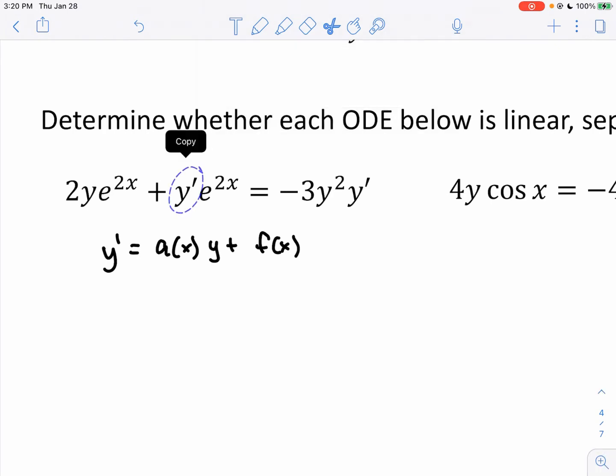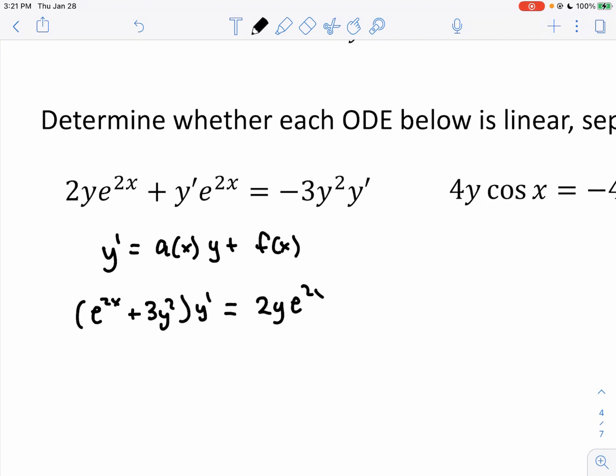Notice I have a y prime in a couple places. So I'm going to subtract that term over to the left side and move this term over to the right side. Factor out the y primes. We have e to the 2x plus 3y squared, with a y prime factored out, is equal to 2y e to the 2x.